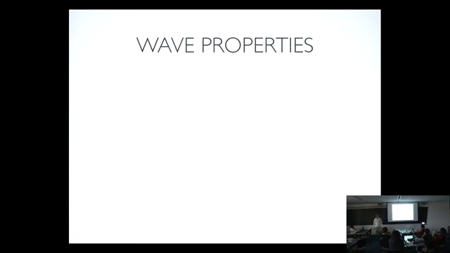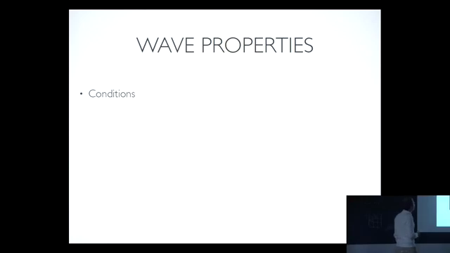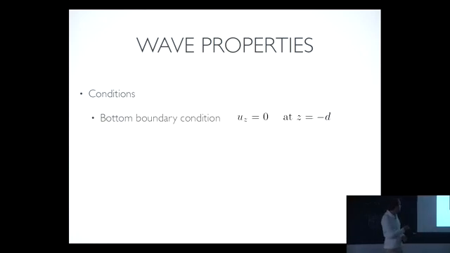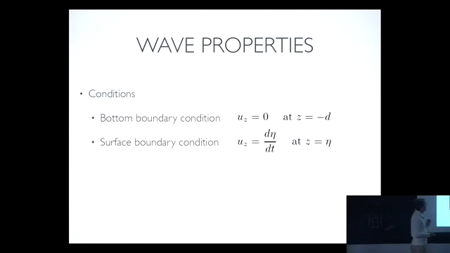We also need some extra conditions, and we start with boundary conditions. The bottom first. Here we don't want any water to go through the bottom of the ocean, so we set the vertical component of u to 0 at z equals minus d. Also, at the surface, we don't want any water to go through the surface, so the vertical component of the velocity equals that of the change of the surface level.